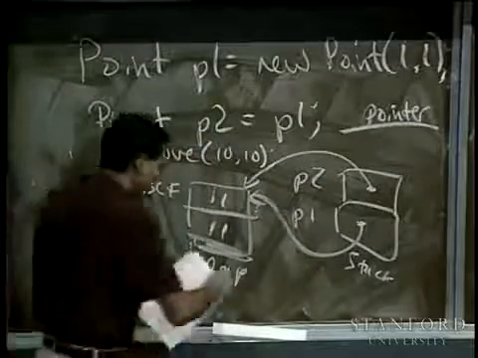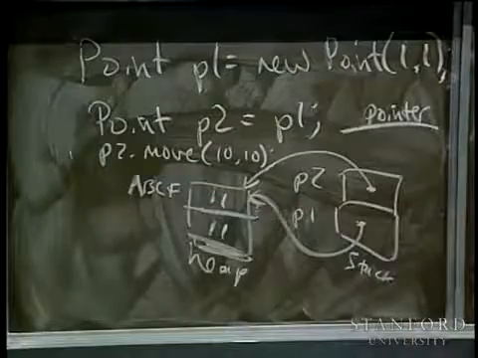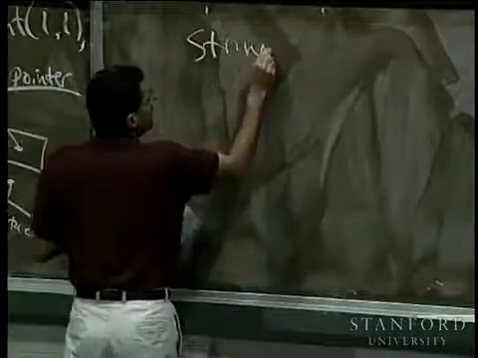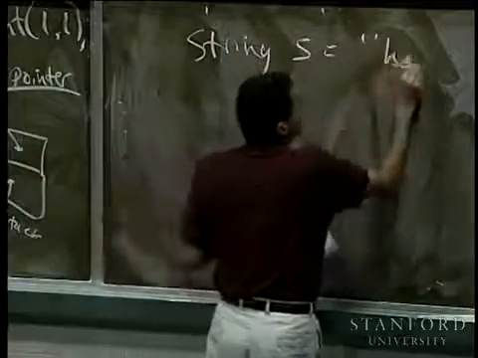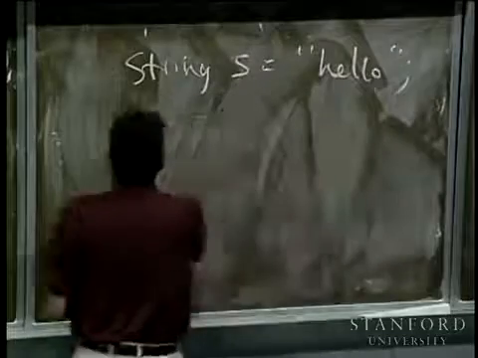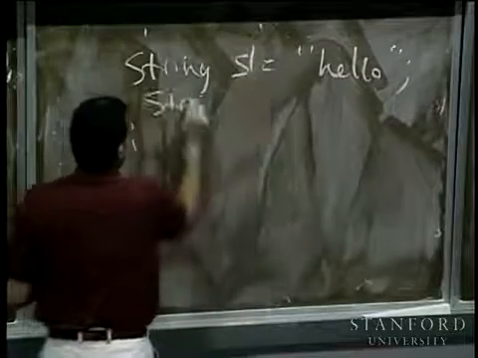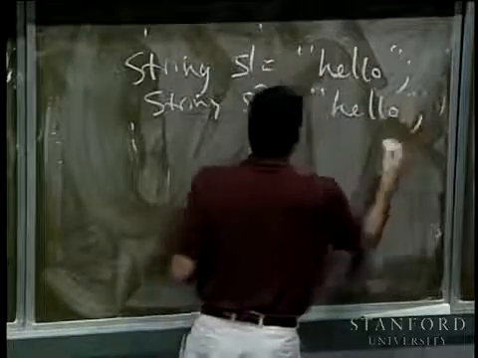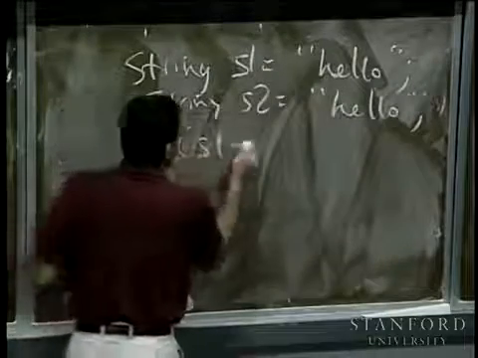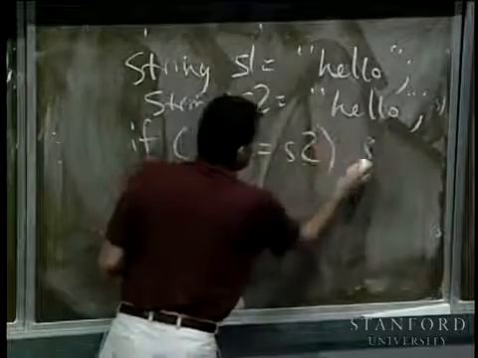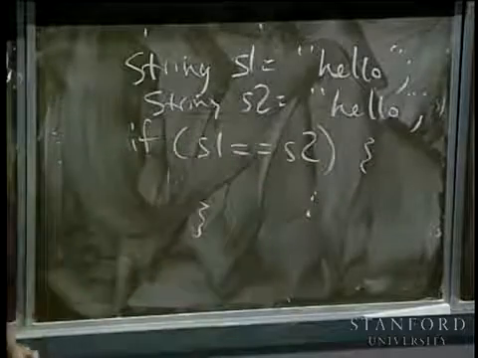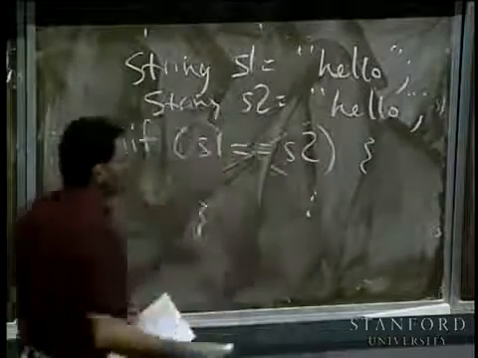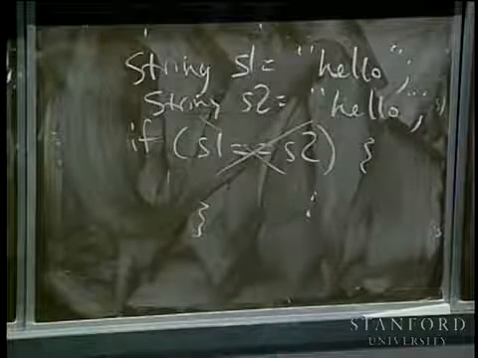Which is why, in the days of yore, when we talked about our friend the string, remember the string, we said if you had some string s1 equal to "hello" and some other string s2 also equal to "hello", and you wanted to say if s1 is equal to s2, I told you this doesn't work because you need to call s1.equals(s2).